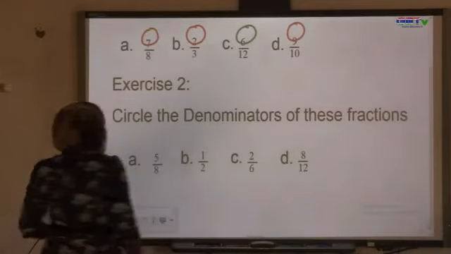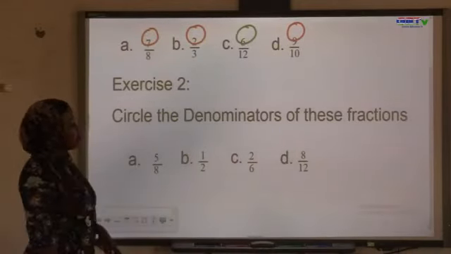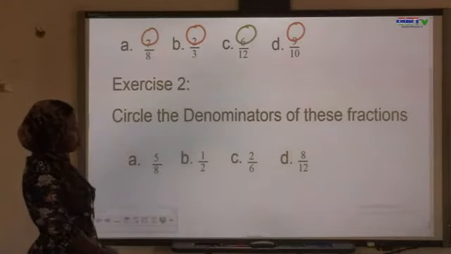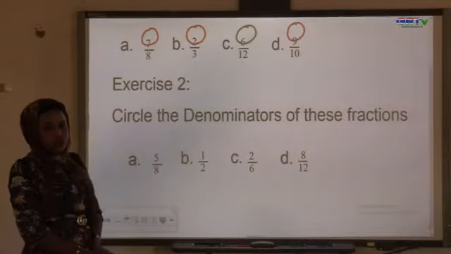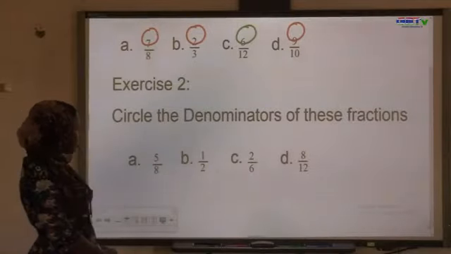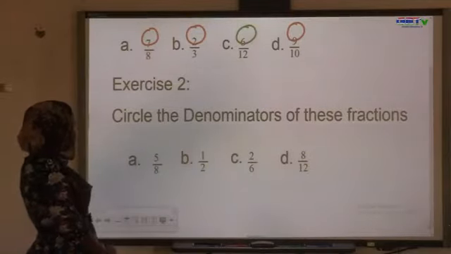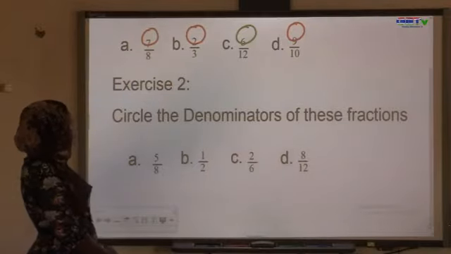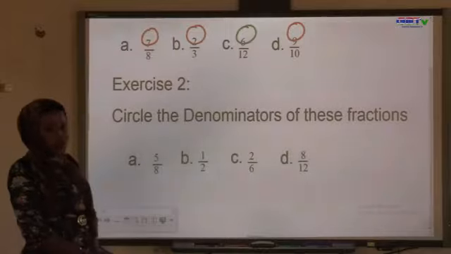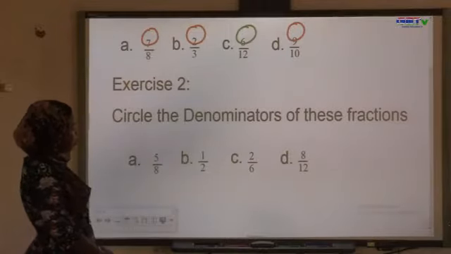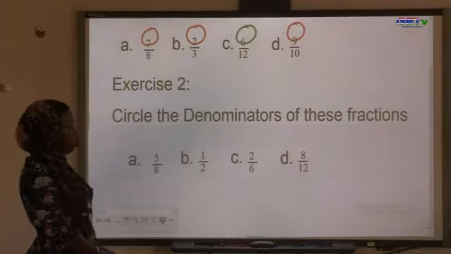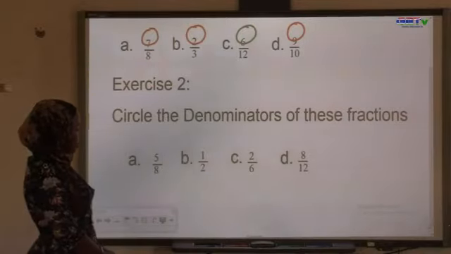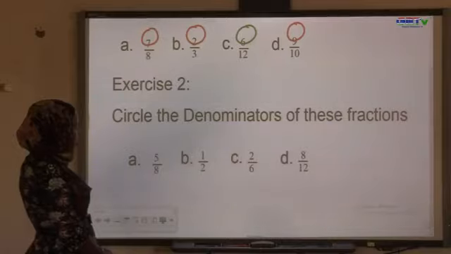It says circle the denominators of these fractions. A reads 5 over 8. B, 1 over 2.